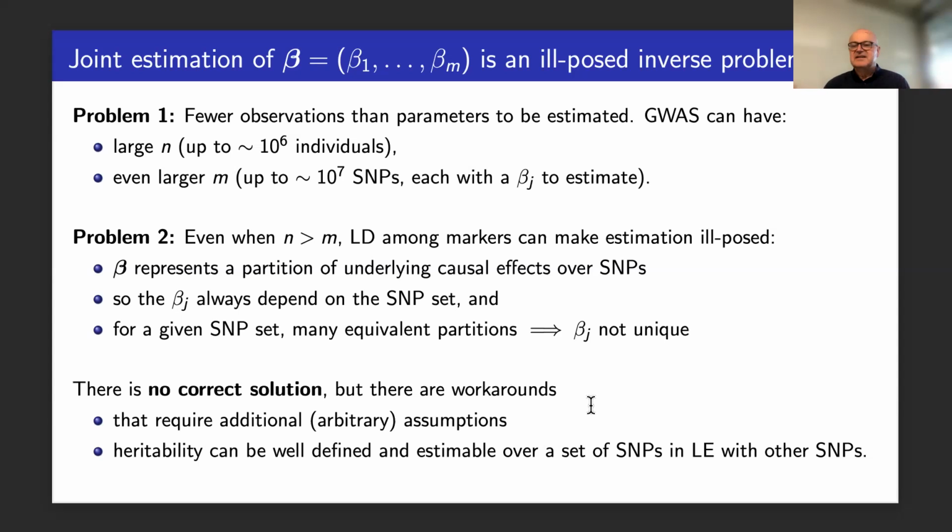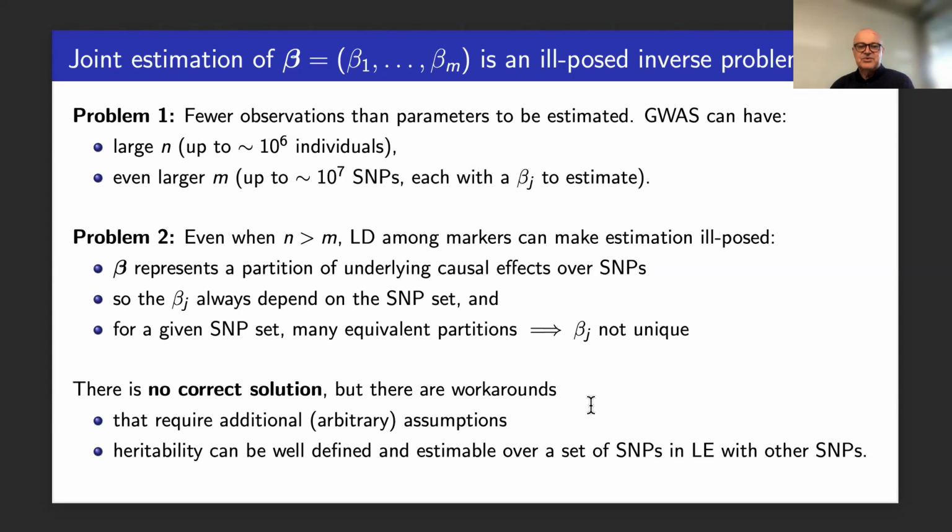But the first problem is a very familiar one to statisticians. In a typical GWAS setup, if you think about individual effect sizes, you've got more SNPs than study participants. So you've got P bigger than N, more parameters to estimate than the sample size.